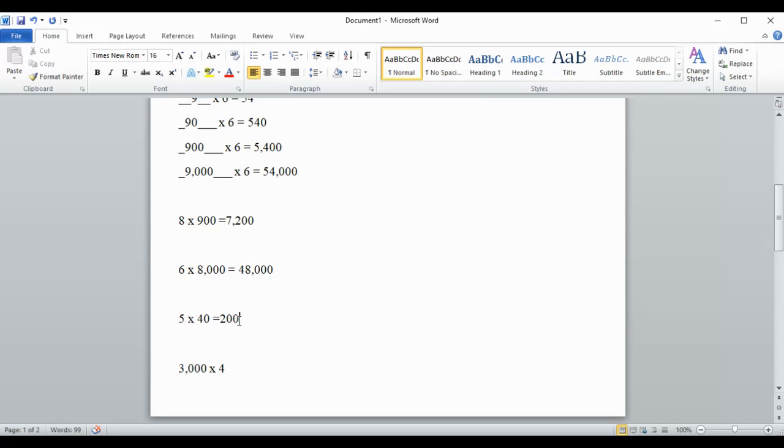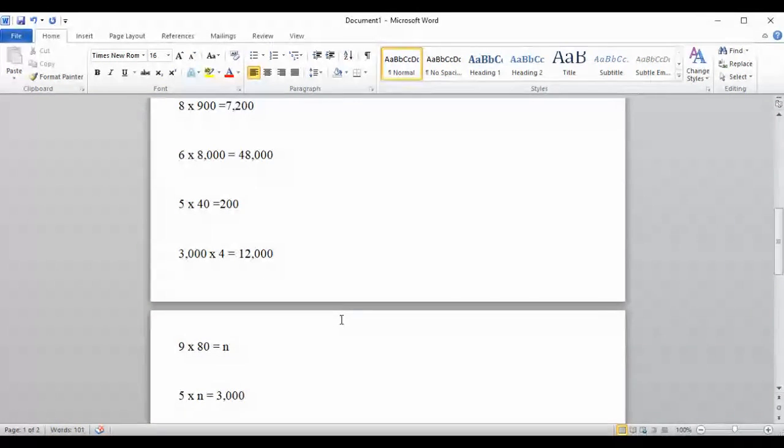So don't forget to add that 0, even though 20 ended with a 0. And here we go with 3,000 times 4. So what is the math fact? 3 times 4, which is 12. And then add the 3 zeros. And then go back in there and put your comma in the correct spot.